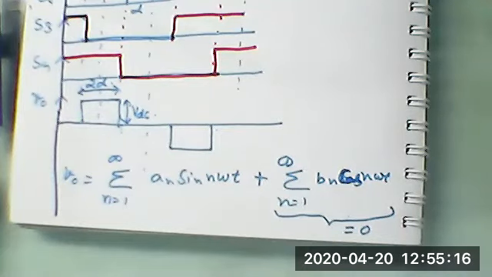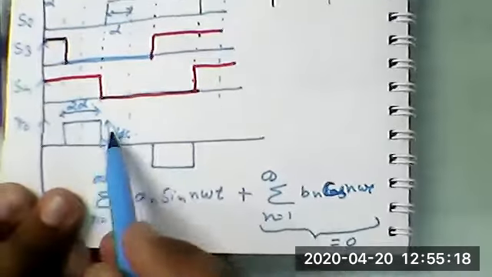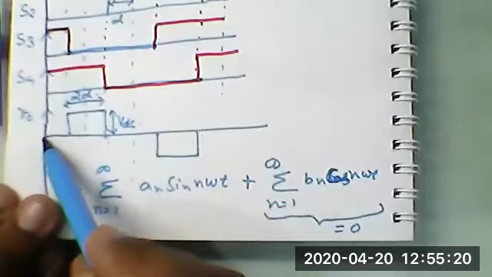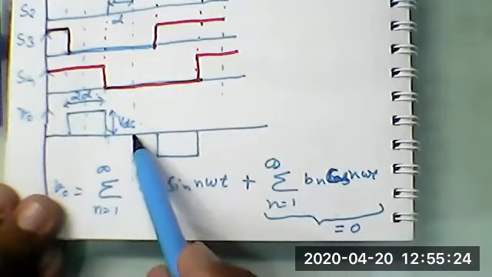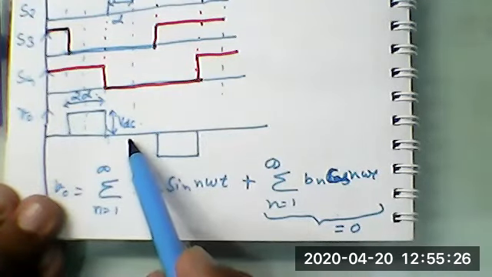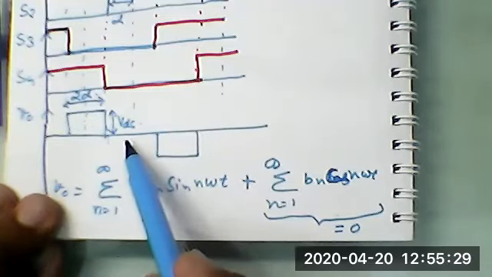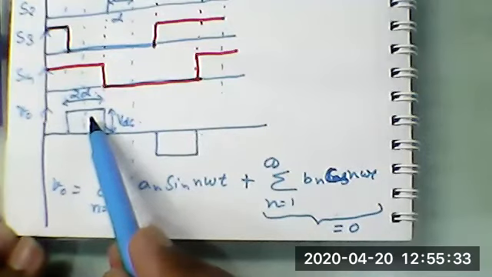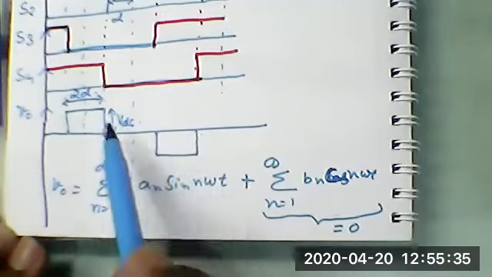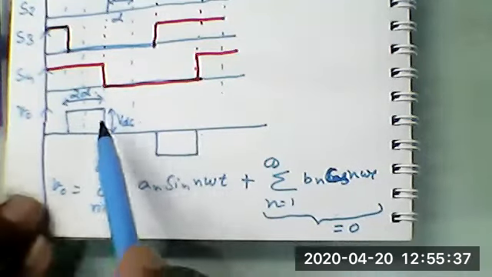How DC component will come? It is symmetric in nature. If you draw this fundamental, it will start from 0 and turn to pi. There would be no DC component. Whatsoever the positive voltage, the same is the negative. There is no question of DC component.